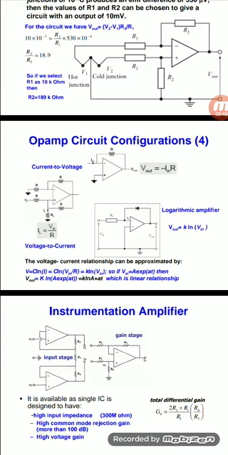When we give lower input, we get lower output. When we increase the voltage level, the output level also increases. So that is the operational amplifier. These op-amp circuit configurations totally depend upon voltage level or current level, either increasing or decreasing. That is the operational amplifier circuit.